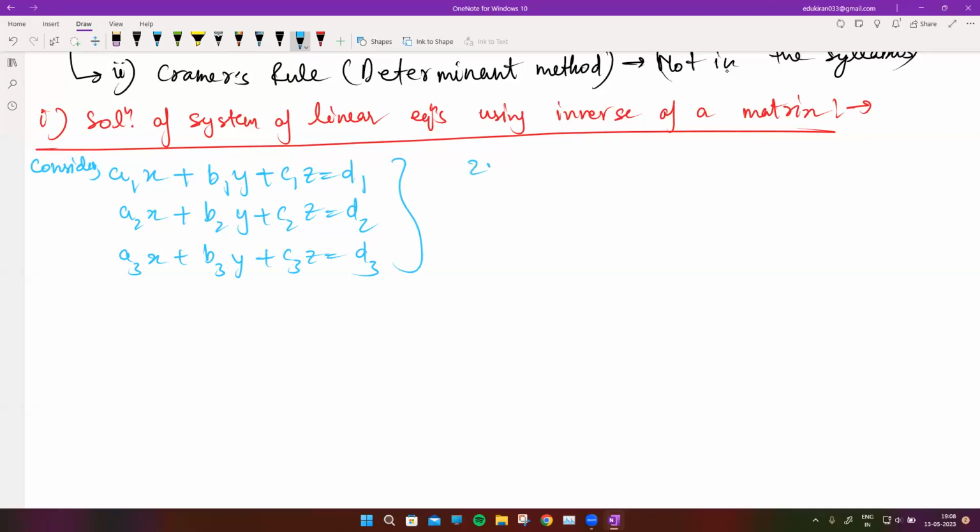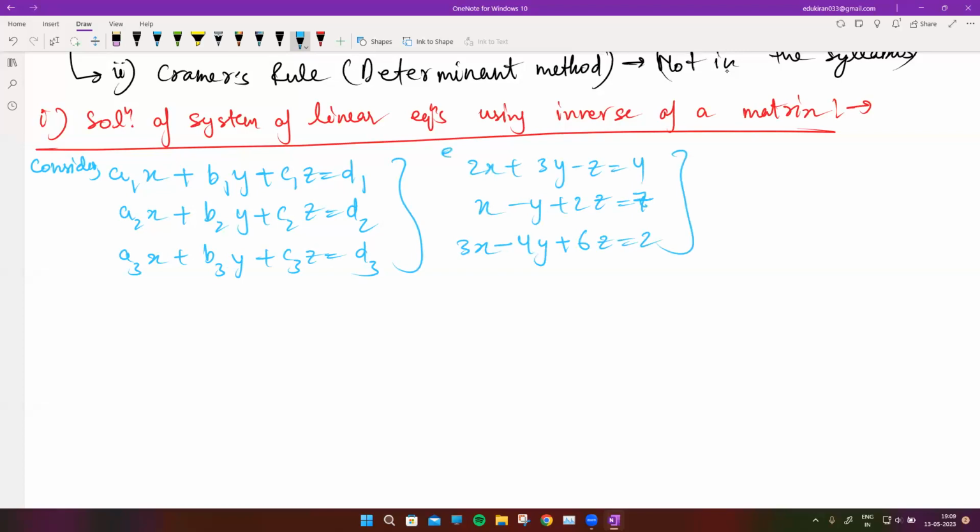So one example can be 2x plus 3y minus z is equal to 4, x minus y plus 2z is equal to 7, and then 3x minus 4y plus 6z is equal to 2. Right?